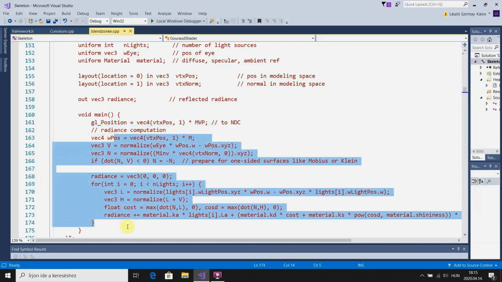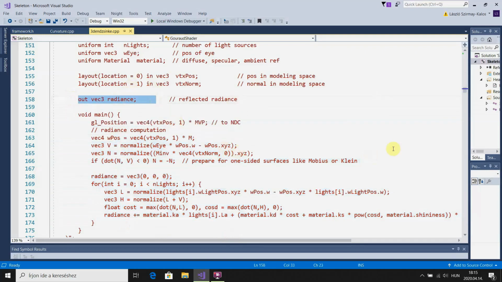The remaining part of the vertex shader is responsible for the calculation of the output radiance, that is the color, the reflected color of the surface at that particular point.